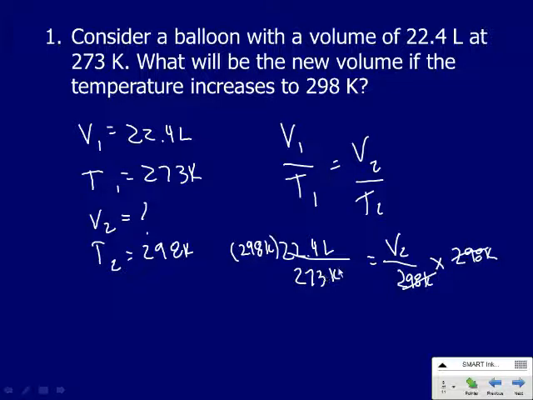K is gone. 298 times 22.4 divided by 273. All right, Sean. Now you can give it up. 20.52. It looks like three significant digits. 20.5. Okay? And that's what? Liters. V2.